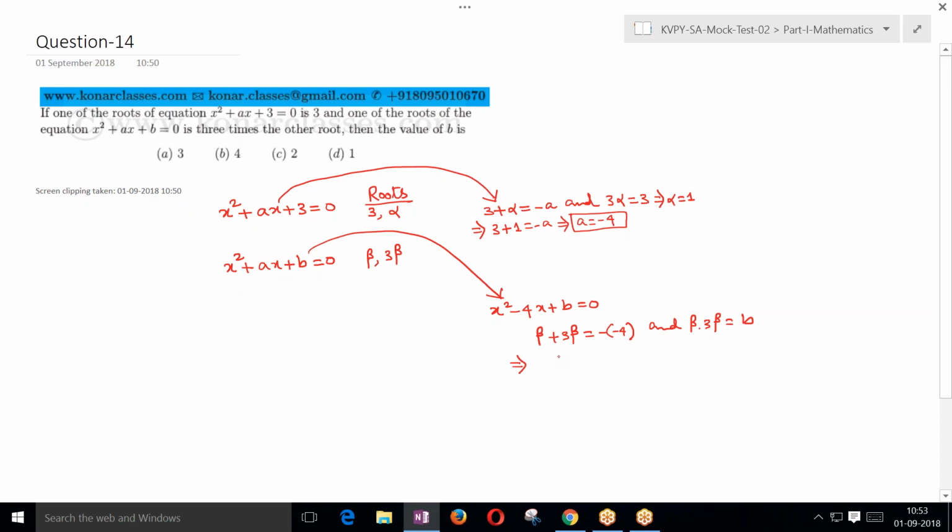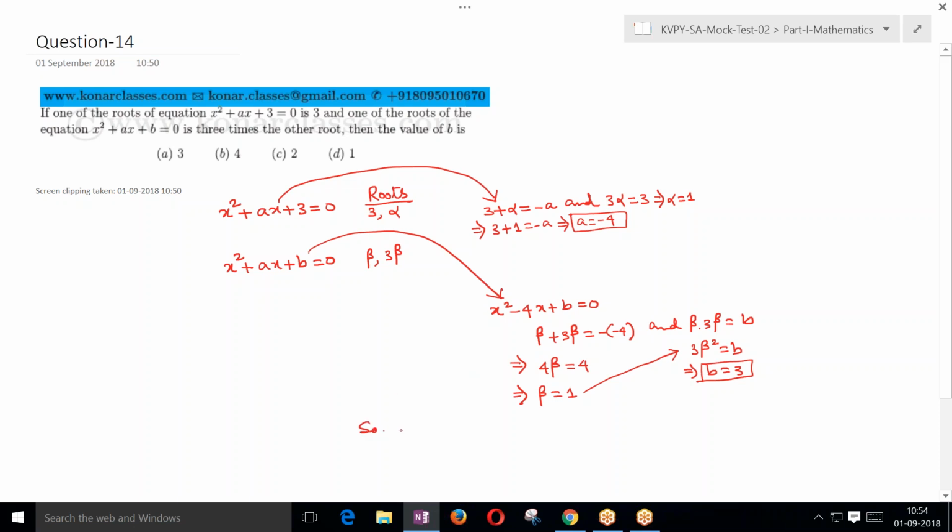So beta plus 3 beta, that is 4 beta, is equal to plus 4. So that means beta is equal to 1. Now with beta equal to 1, you will get 3 into beta square is equal to b. That implies b is equal to 3, since 1 square is 1. So we get b equal to 3 and the correct option is A.